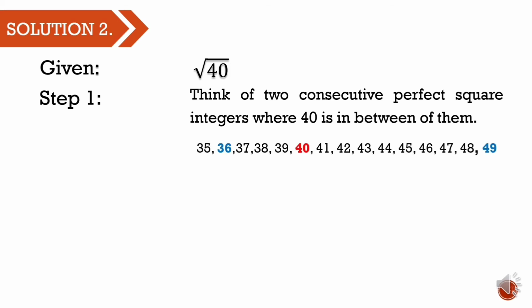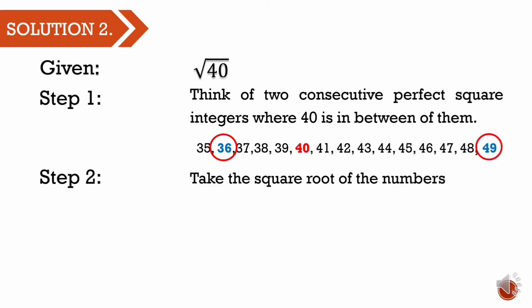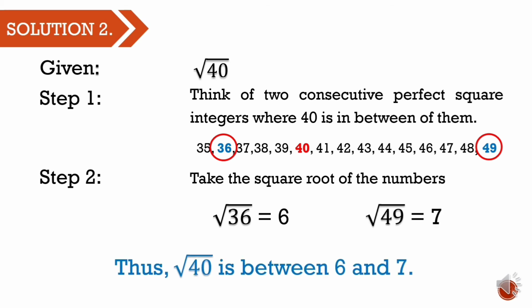In this case, the perfect square bigger than 40 is 49, and the perfect square lower than 40 is 36. By following step 2, we take the square root of those numbers. So the square root of 36 is 6 and the square root of 49 is 7. Therefore, the square root of 40 is between 6 and 7.